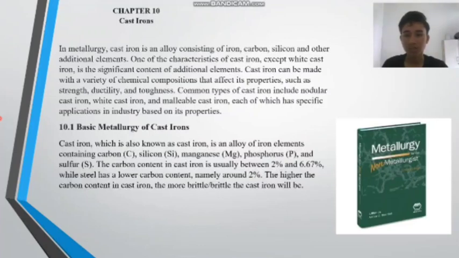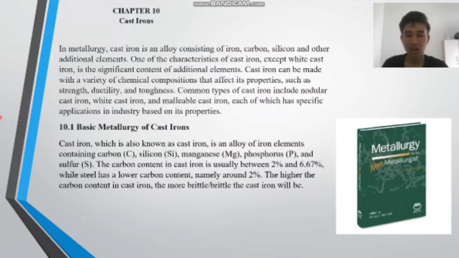10.1 Basic metallurgy of cast irons. Cast iron is an alloy of iron containing carbon or C, silicon Si, manganese or Mn, phosphorus P, and sulfur S. The carbon content in cast iron is usually between 2% and 6.67%, while steel has a lower carbon content, namely around 2%.